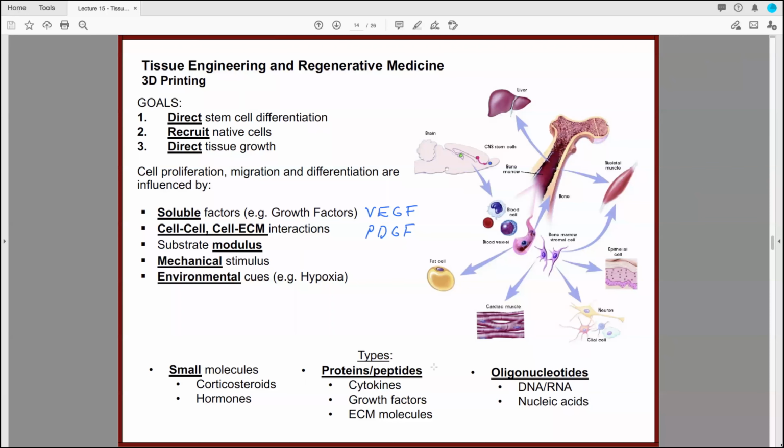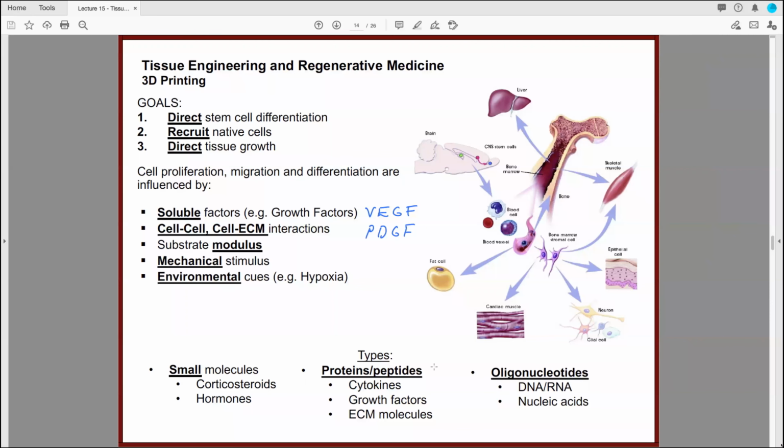Now, in all of those processes, cell proliferation, migration, and differentiation are important, and they're influenced by 5 factors here. So they're influenced by the presence of soluble factors, such as growth factors, so things such as VEGF, which is vascular endothelial growth factor, and PDGF, which is platelet-derived growth factor.